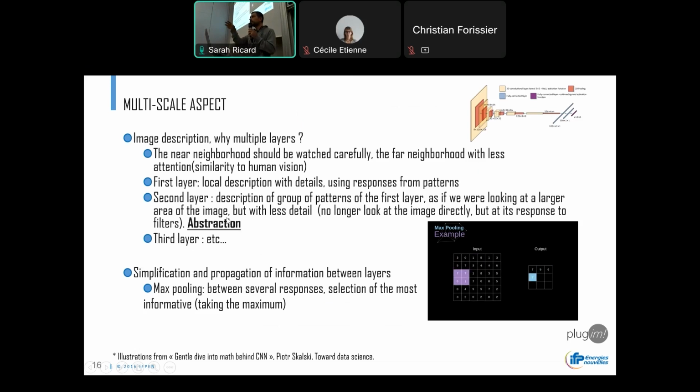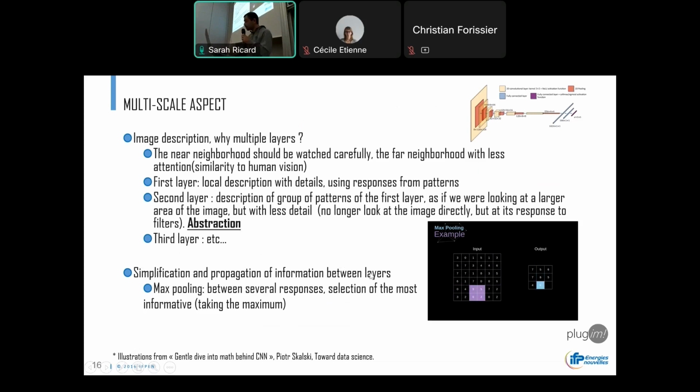So we don't try to calculate a description directly on the image, but on the description of the image. In the third layer, it's like the second layer, but with the size also reduced. To reduce the size, we usually use what we call max pooling.